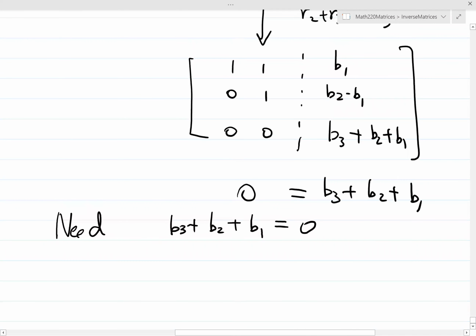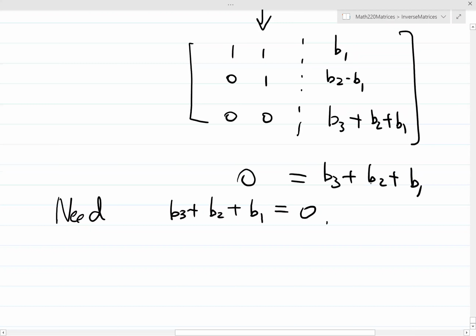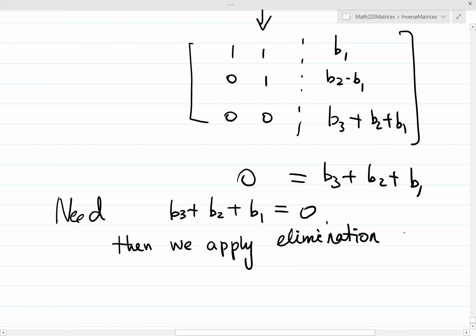So we have two variables, two equations. So the remaining thing is invertible, so we can actually find a solution. So there's no contradiction anymore. Then we apply elimination to find a solution.